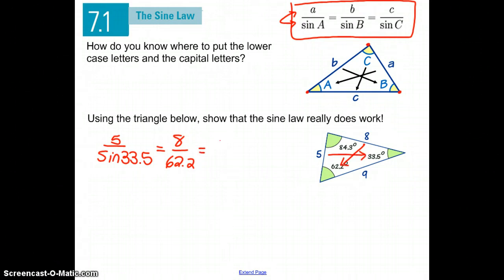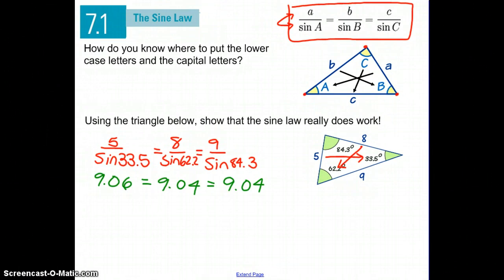And then we have a 9 over sine, made a mistake there, nobody caught that? Sine 62.2 and sine 84.3. So you'll find here that they all equal roughly 9.04. This one is slightly off, and the reason for that could just be rounding of your angle measures.